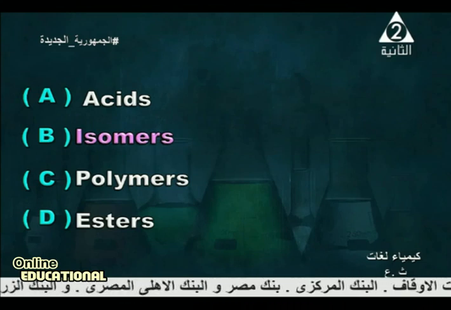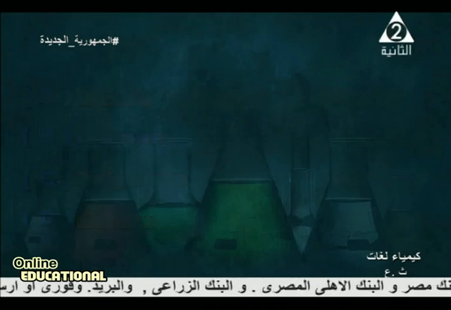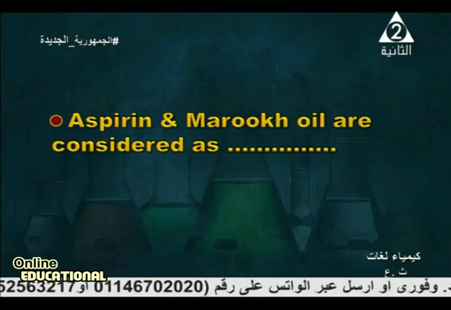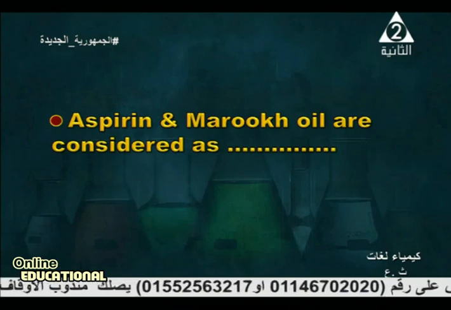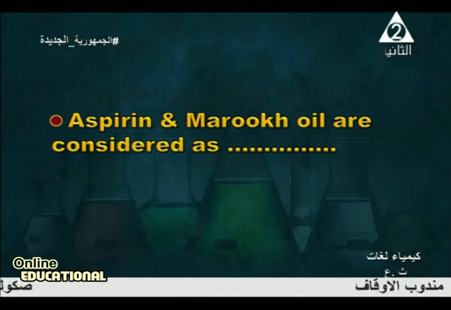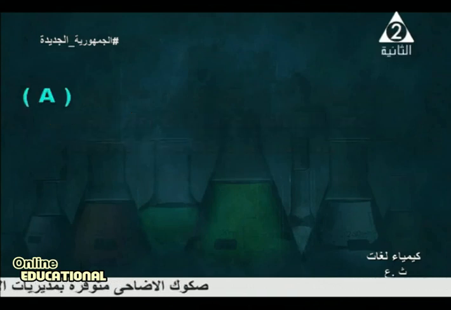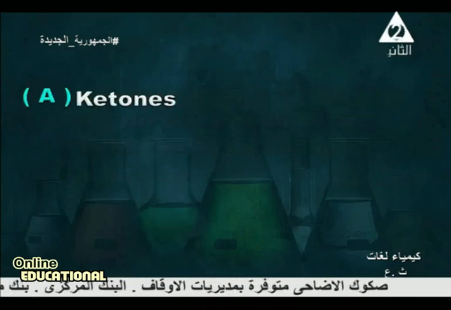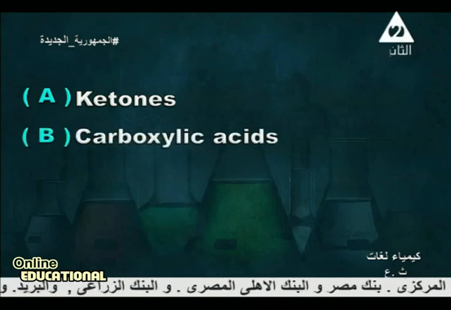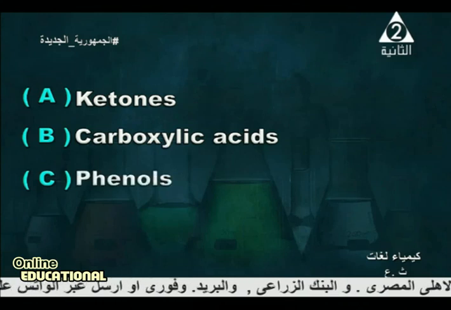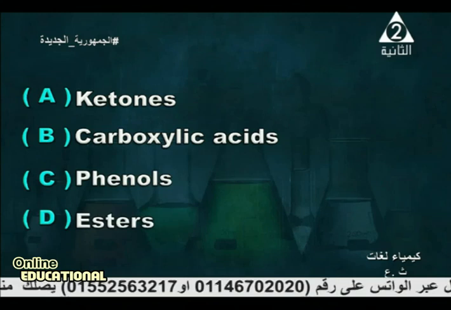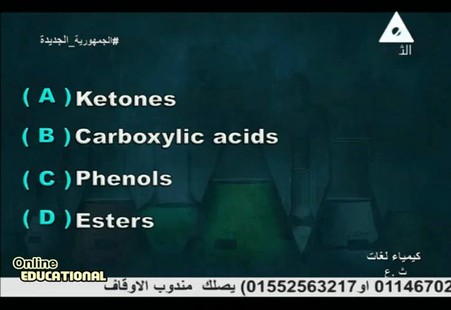Good question. What about this question? This question is easy. Aspirin and marooch oil, yes, we know both of them. Number A, ketones, or carboxylic acid, or phenol, or both of them are esters. Do you think what is the good answer?